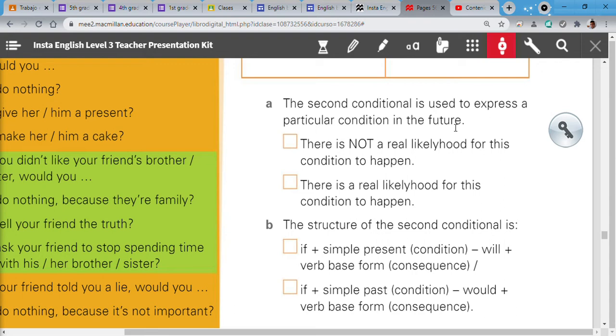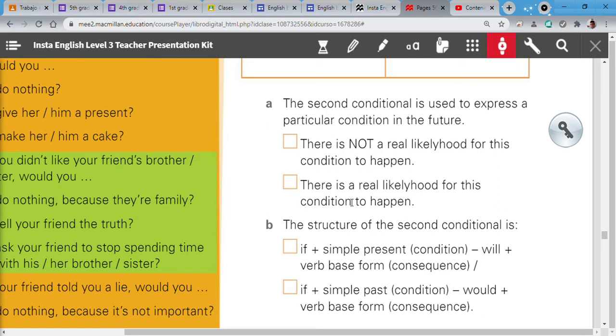So class, what is the possible answer? The first, the negative one, or the affirmative one? Opinions. The second one.